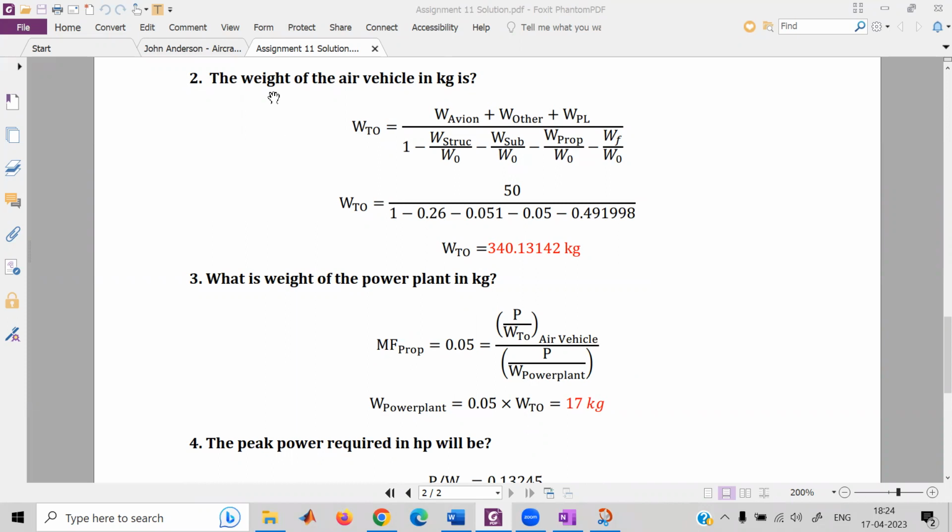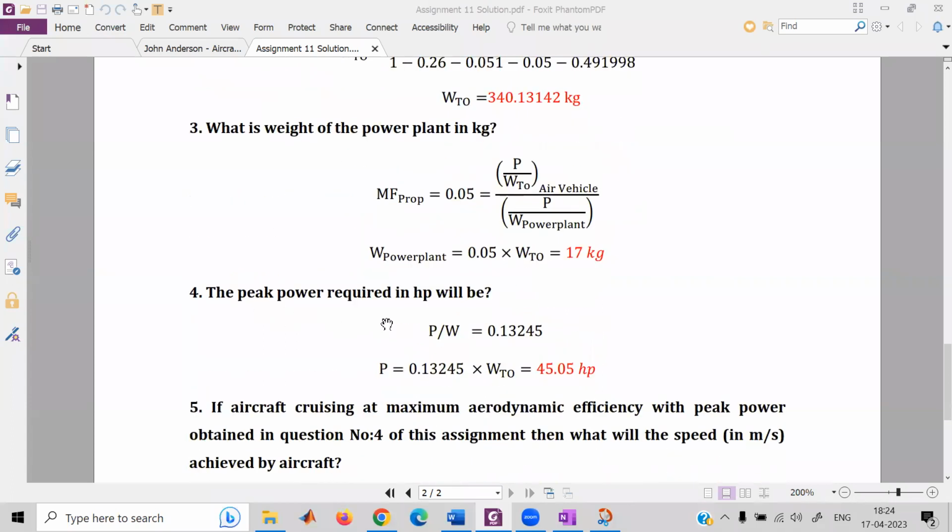Yeah, he understands. All right, so we move ahead. The peak power required in HP will be, because the total takeoff weight is known to us, P over W was given to us already. You just have to multiply this number with W takeoff, you have HP.